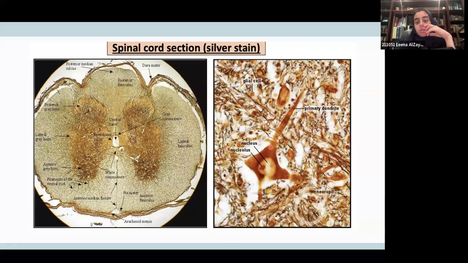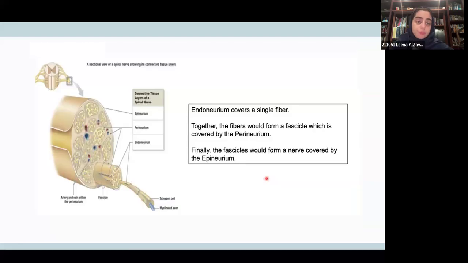And this is the silver staining of the nerve body of the gray matter here. And you can see the glial cells all around it. This is a dendrite, and all around it is glial cells and neuropil. This is the nucleus, and the dark spot in the middle is the nucleolus.